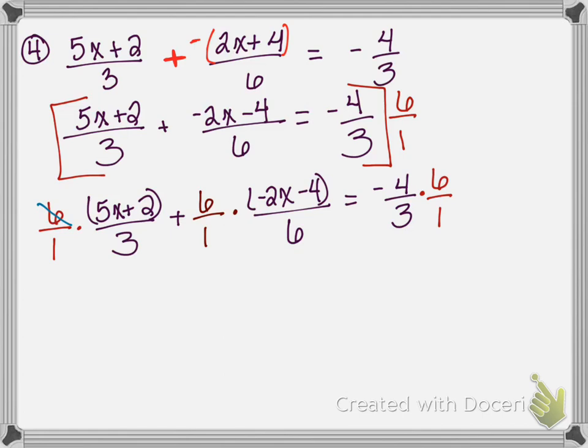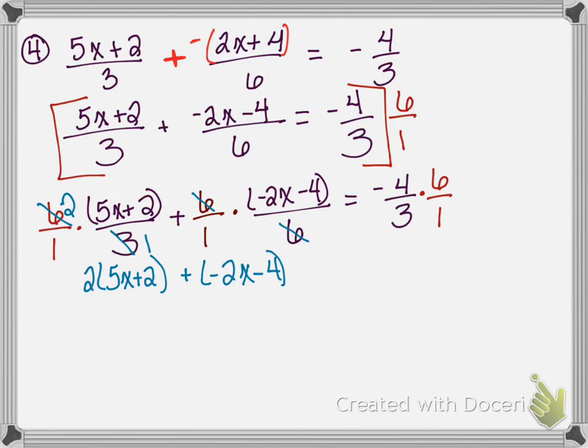Okay, now I'm going to start canceling, or simplifying. 3 and 6: 3 goes into 3 one time, 3 goes into 6 twice. So I have 2 times 5x plus 2. My 6's cancel. So I'm left with negative 2x minus 4, and I don't have anything to distribute there, so I can remove those parentheses.